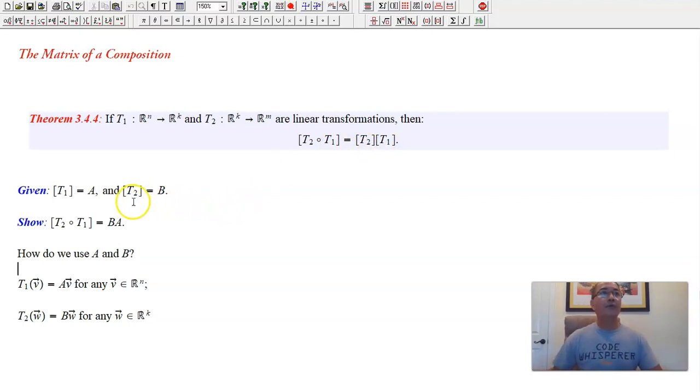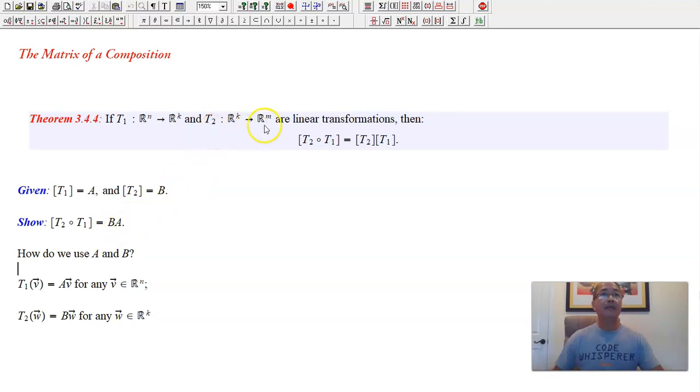Okay, so we started the proof over here. Let's give these matrices names. So the matrix of T1 is A, and the matrix of T2 is B. Okay, so A is of course K by N, and B is M by K. All right, so we have to show that the matrix of T2 composed with T1 is the matrix of T2 first, which is B, followed by the matrix of T1, which is A. So B times A. Is that compatible?